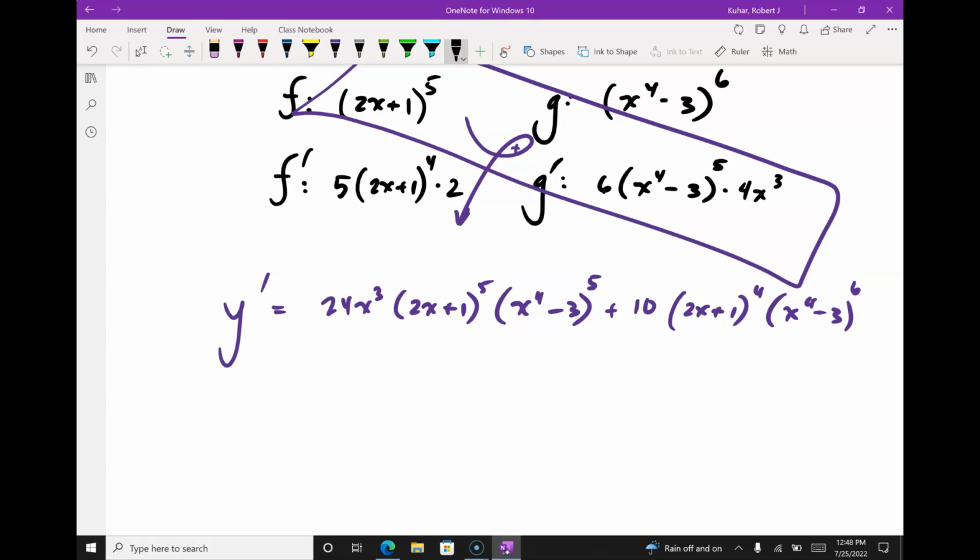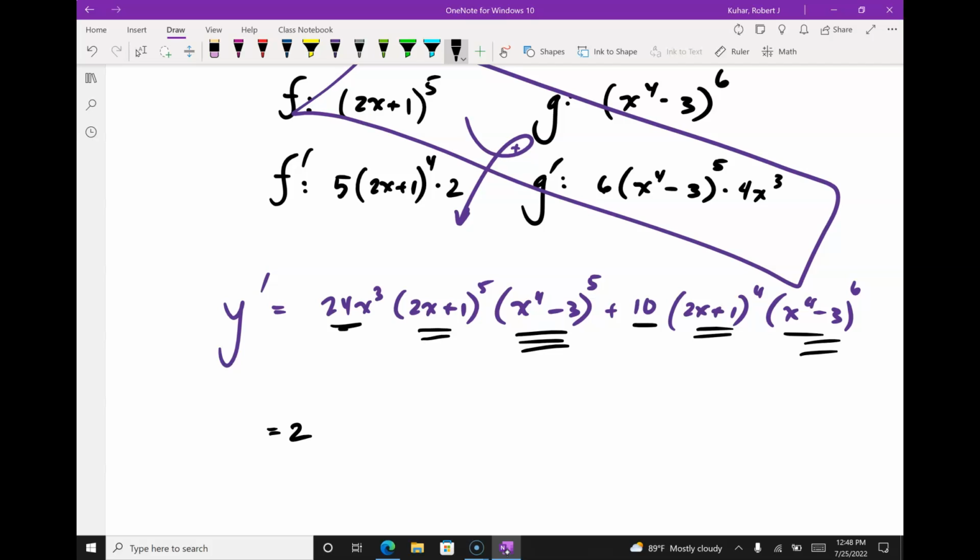I'm looking to see what can I take out, right? What's shared that I can take out? You see I've got them grouped similarly, right? So out of the single underline, I can take out a 2, correct? 2 goes into 24, 2 goes into 10, correct?